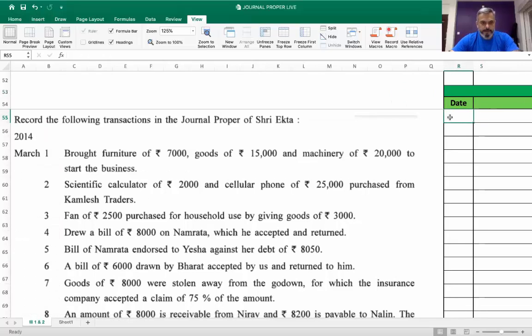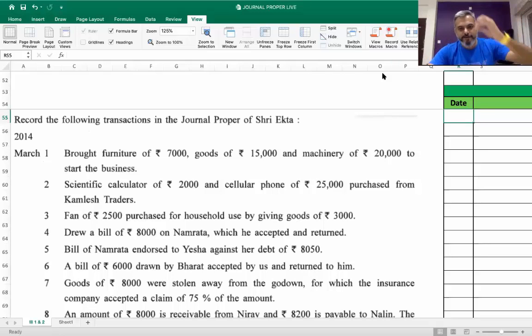2014 March 1. Brought furniture of 7,000, goods of 15,000 and machinery of 20,000 to start the business. So this is the first entry we are passing in our books of accounts because we are starting the business. This March 1 entry is our opening entry. In journal proper, we had written opening entry, closing entry, adjustment entry, rectification entry, transfer entry and others.